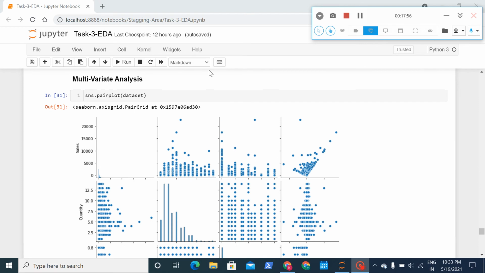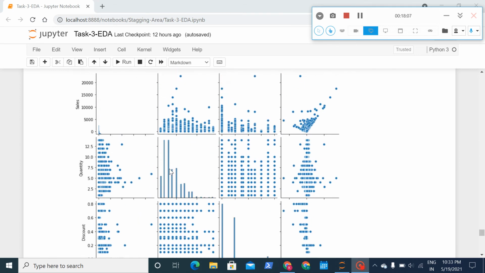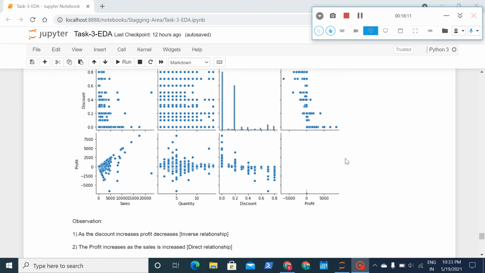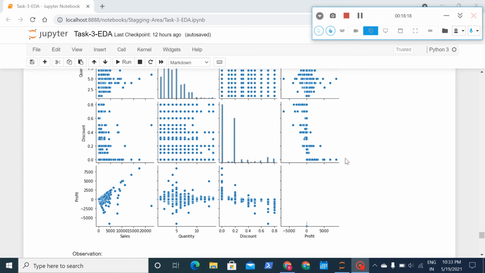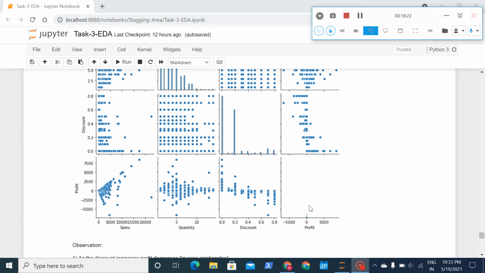Next, we will be seeing multivariate analysis. That is, we will be comparing each feature versus every other feature. From the above bar plot, we can see that discount and profit have an inverse relation.